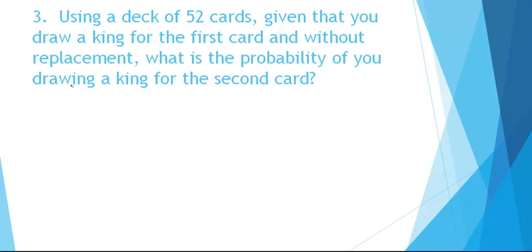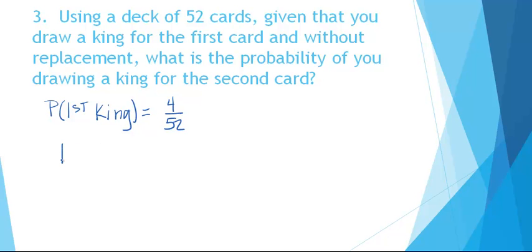Okay, let's take a look at this one. We have a deck of 52 cards. Given that you draw a king for the first card, the probability of drawing a first king is 4 out of 52 because there are 4 of each card in a regular deck.